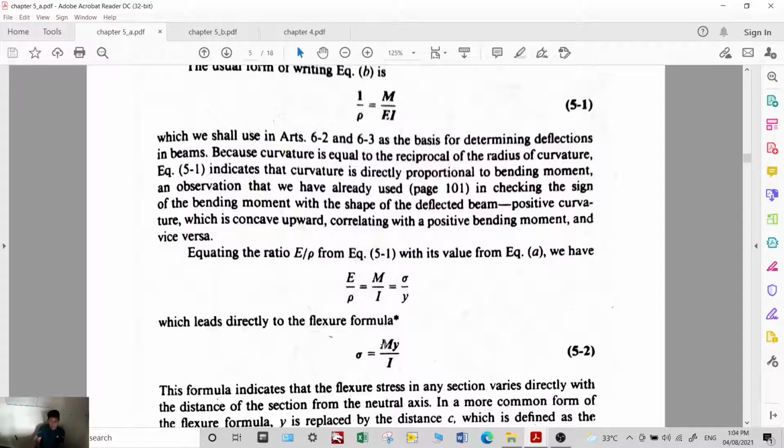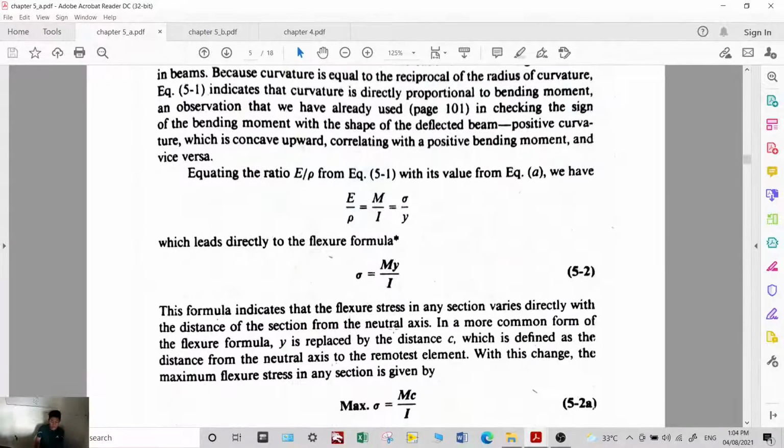Multiply by y, which is the distance of the fiber where you want to get the stress. For example, if you want the stress experienced at this part, what is its length from the neutral axis, then y over moment of inertia.